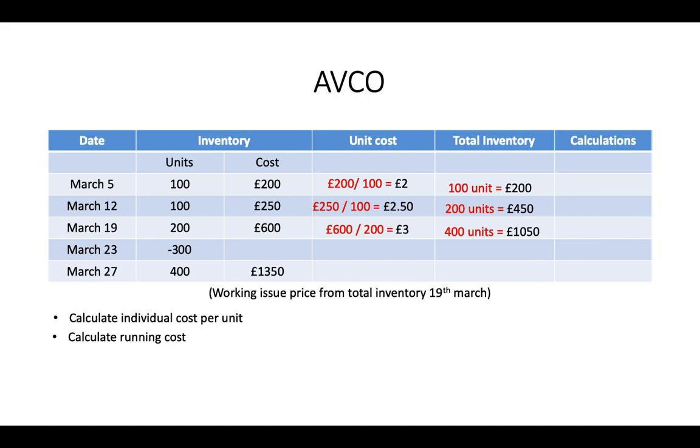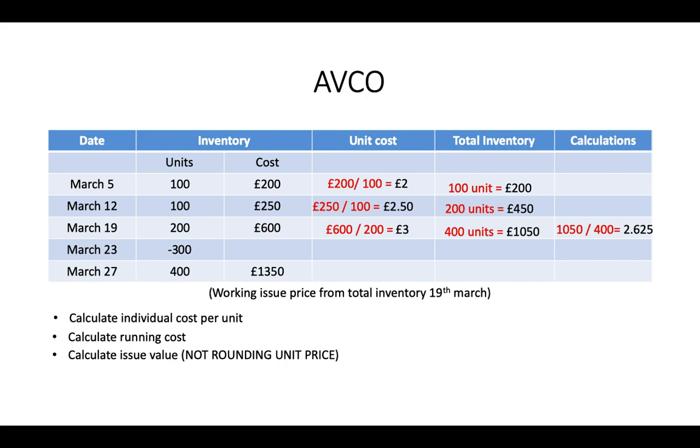So we're going to look at March the 19th here. We have 400 units in stock valued at £1,050. In order to get a snapshot of what our inventory is worth, we are going to divide £1,050 by 400 units. This gives us 2.625 per unit.